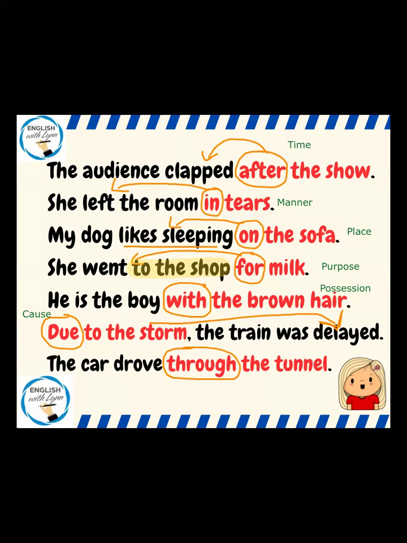It is linking to where the car is driving. This one is showing the movement rather than the place of it. So it's showing that the car is moving within the tunnel. So those are identifying the types of prepositional phrase.